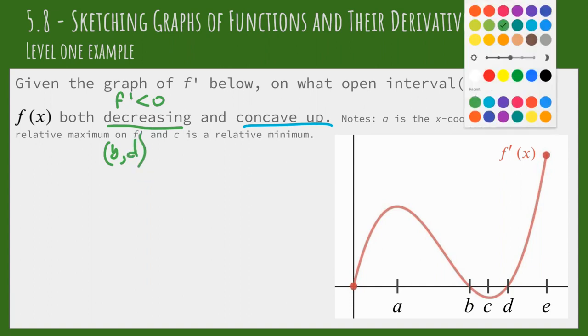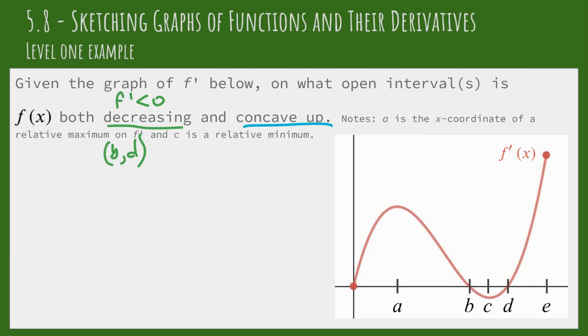Now, concave up is a little bit trickier. Normally we would take the second derivative and look for where that's positive. We can't take the second derivative of a function or a derivative that we don't know. So what we're going to have to do is infer from the graph where f double prime is going to be positive. And remember that the second derivative is the derivative of the first derivative.